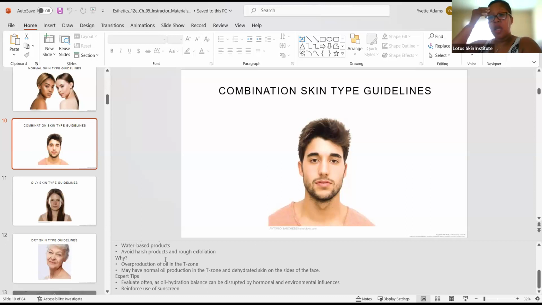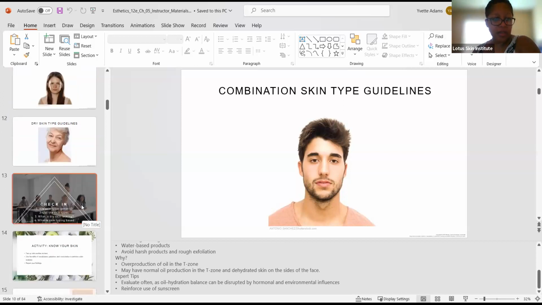You may put a charcoal mask on the T-zone, and then a hydrating type of mask on the cheeks when you're dealing with combination skin. So it's important to really look and see what's going on with somebody's skin, because how do you know how to treat their skin if you don't know what's going on with it? So you'll see a lot of combination mask treatments.